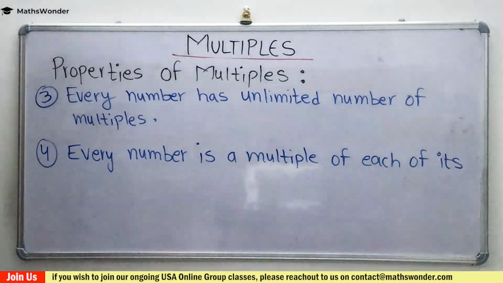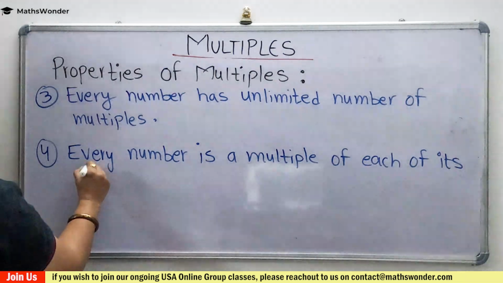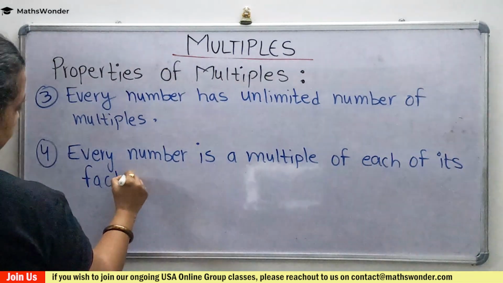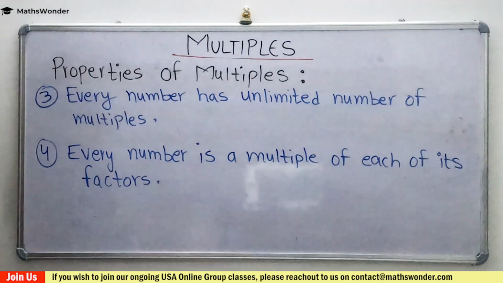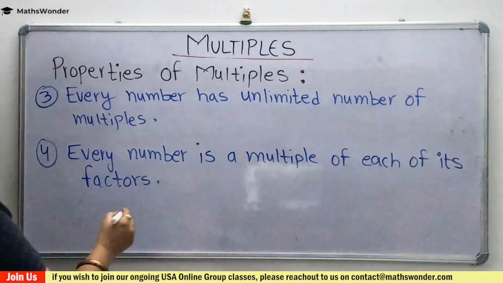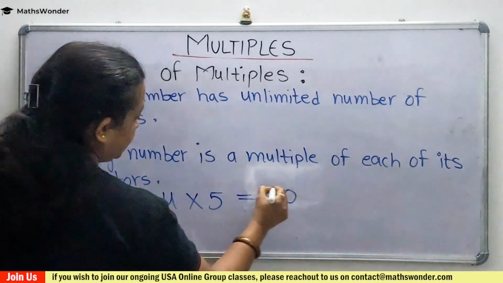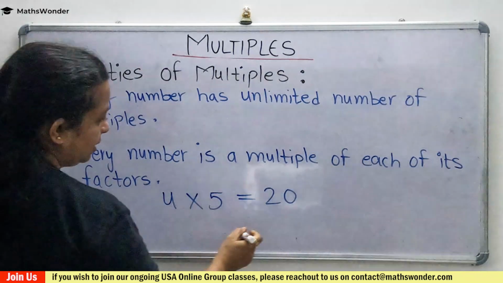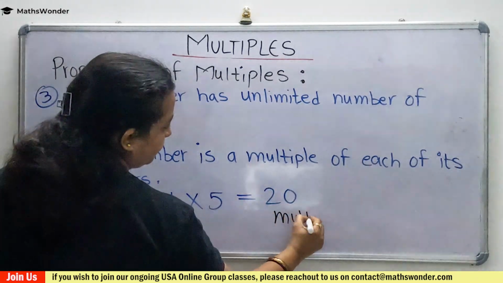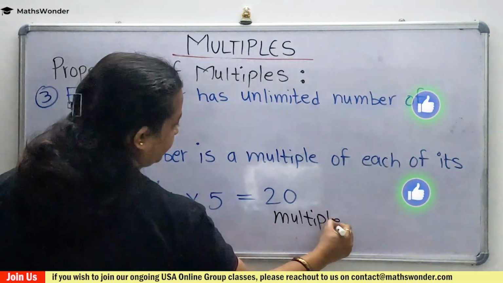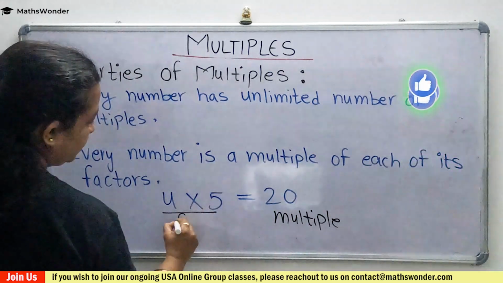As we have already done, 4 times 5 is 20. So 20 is the multiple, and 4 and 5 are the factors.